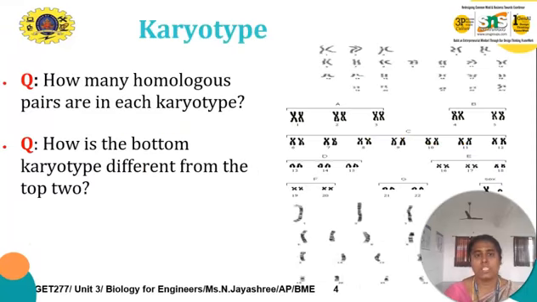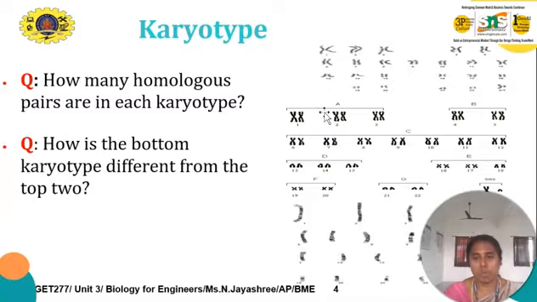Next one is karyotype. How many chromosome pairs are in each karyotype cell? How is the bottom of the karyotype different from the top 2? Let us see this in detail. Normal human beings contain 46 chromosomes, that is 23 pairs.